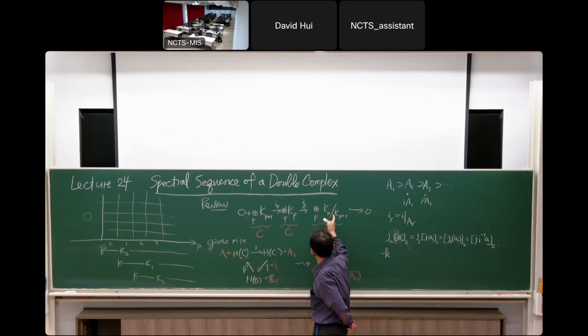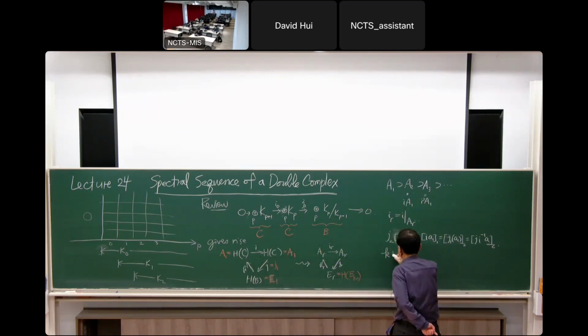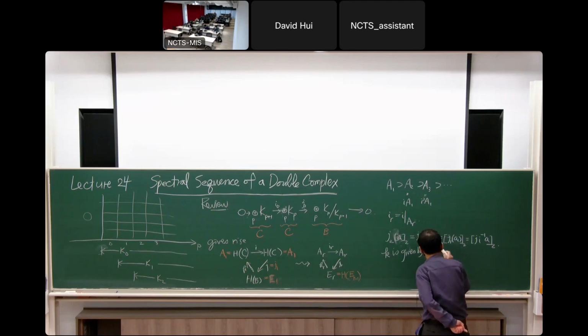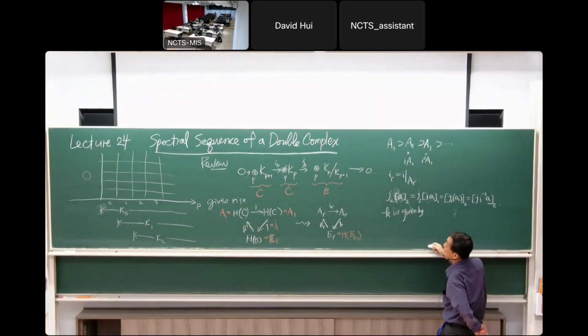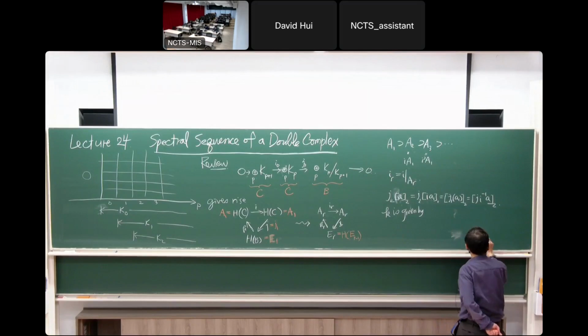And then k, well, k is the connecting homomorphism. So k is given by, now the connecting homomorphism will start with, say, K_p over K_{p+1}.